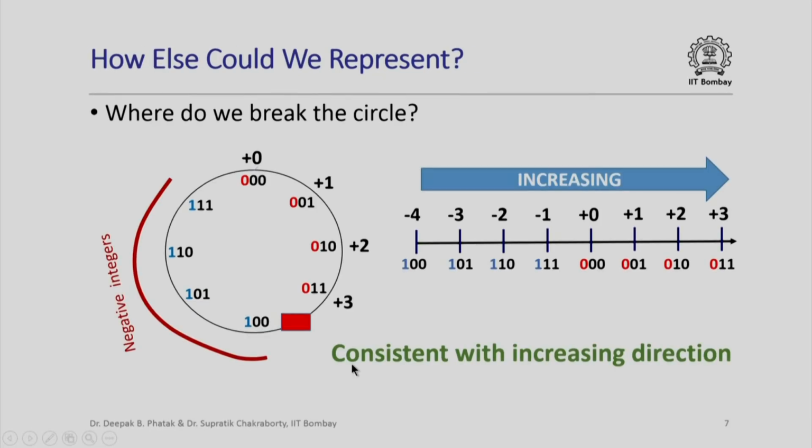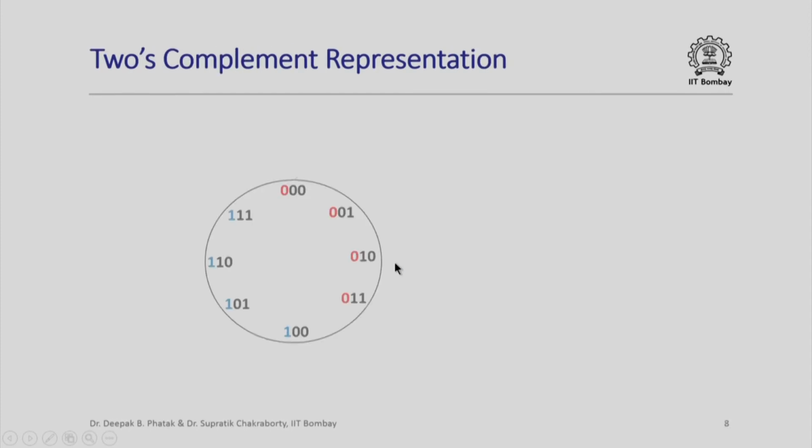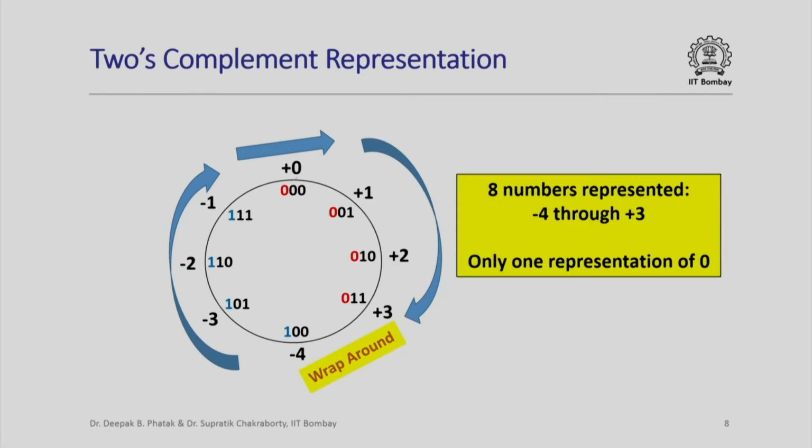In terms of our previous picture, the number line picture, this is really going back from this end to this end, from 011, which is +3, to 100, which is -4. And it is easy to see that we can now represent 8 numbers using 8 combinations of 3 bits, so there is no wastage and we have only one representation of 0.